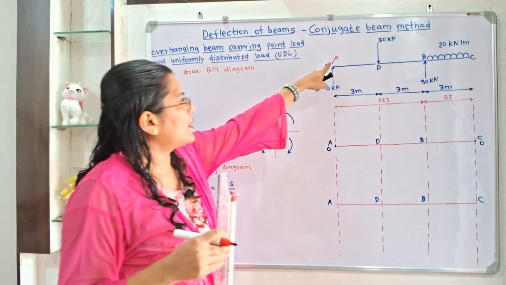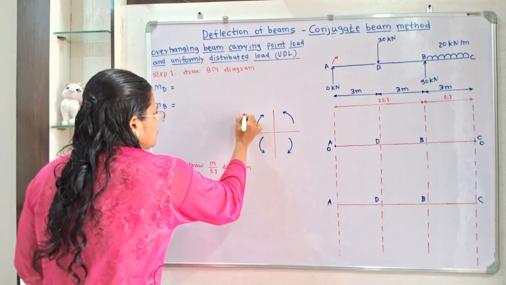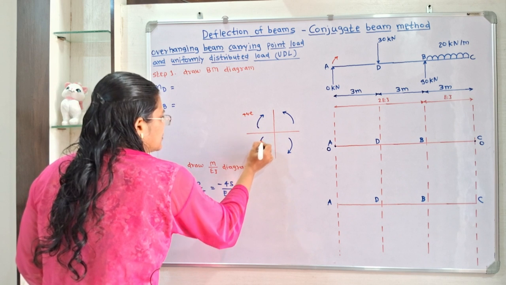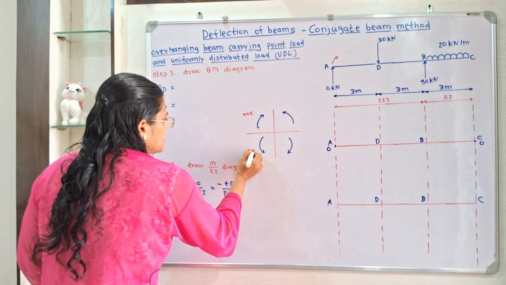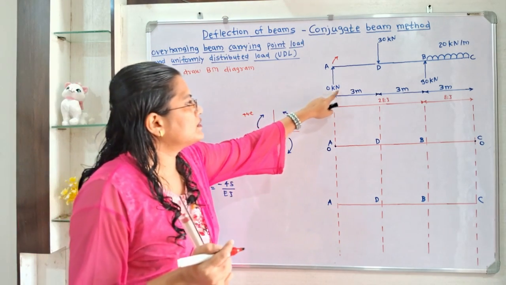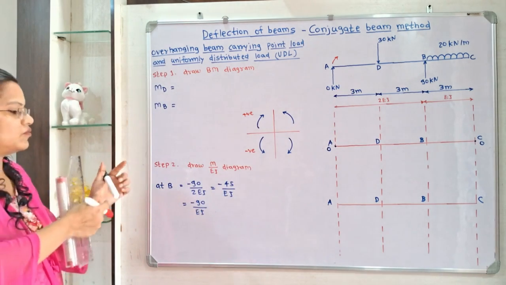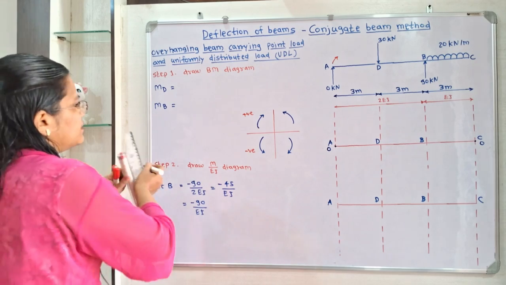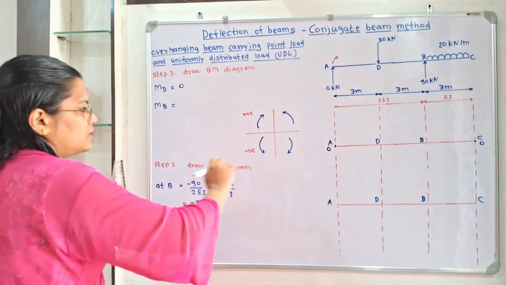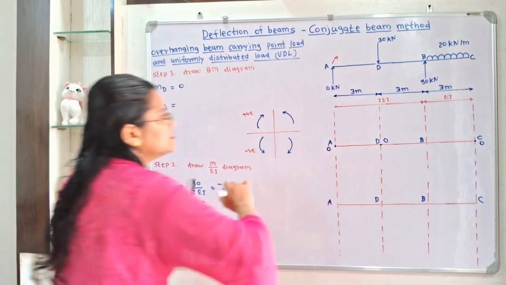So for clockwise direction on left hand side, we have to use positive sign. So this is the sign convention, and for anti-clockwise direction we will use the negative sign. But the magnitude is 0. So 0 multiplied by 3, that is equal to 0. So moment at point D we have to mark here as a 0. So I will mark this point at point D and the value is 0.